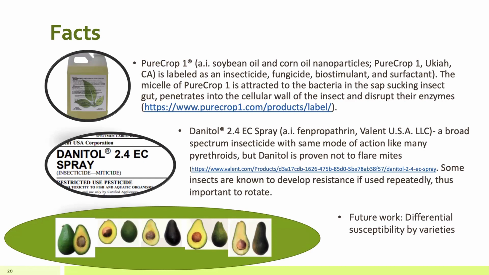There are a few trees that we found get lower amounts of infestation, and some that are really heavy. So I think documenting those varieties and seeing if it's similar across the state as far as level of infestation for specific varieties is an important thing that we need to look for in the future.